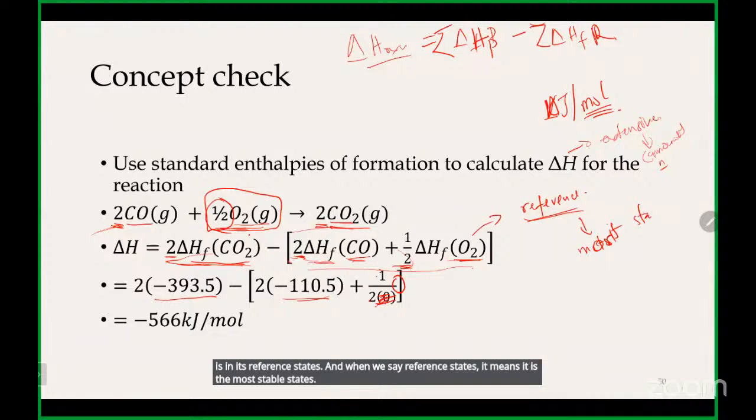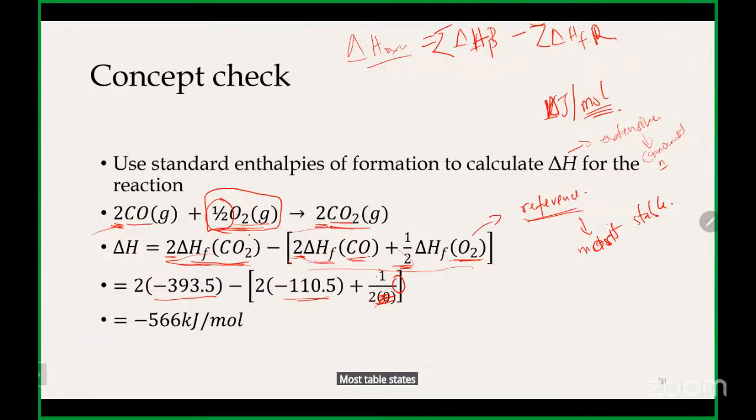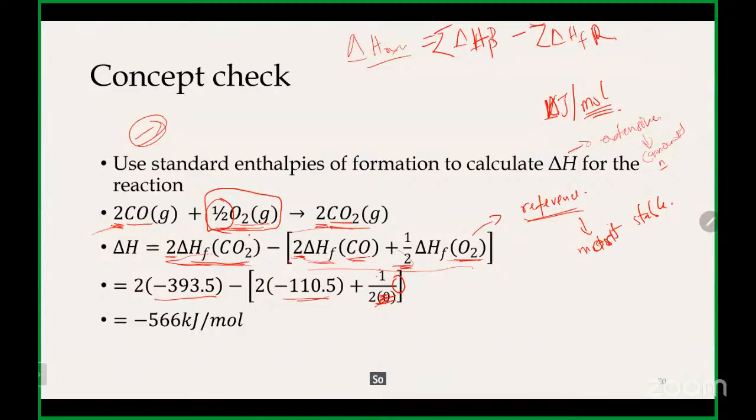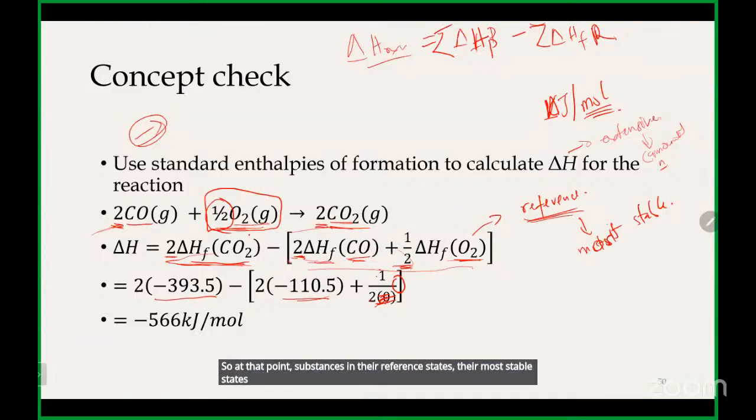At times you may be told to calculate at a different temperature, and that will be specified. But most of the time we are talking about the standard reference state, which is about 25 degrees Celsius and 1 bar.